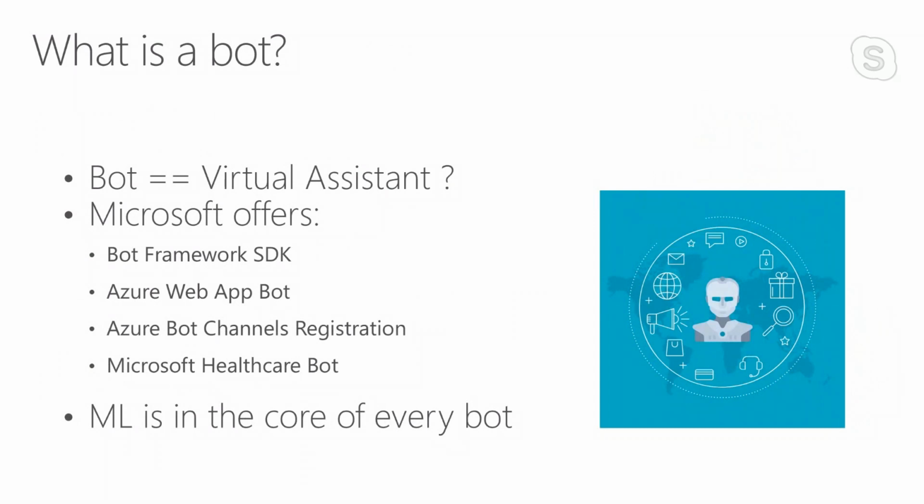So there are two options on Azure when you create a bot. You can create a bot connected to LUIS, so it will already have some machine learning base, or you can create just a simple echo bot there. And I'm going to switch to the Portal later and show how you can do that.